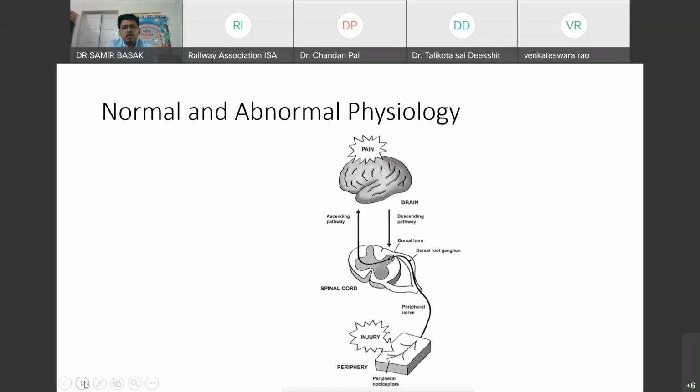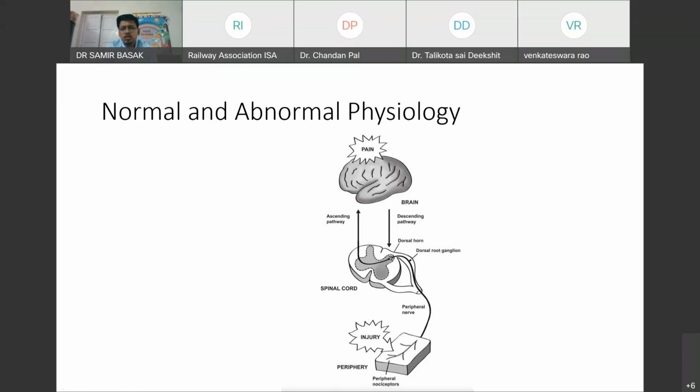Next, coming to normal and abnormal physiology. When we perceive something from the peripheral nociceptor, this pain signal goes through the peripheral nerve, and the first order neuron ends in the dorsal horn.